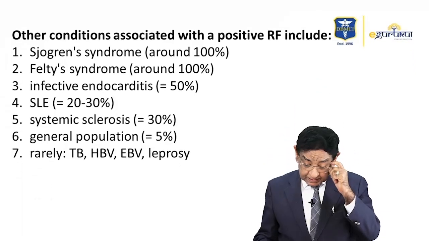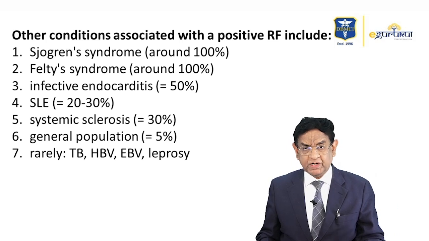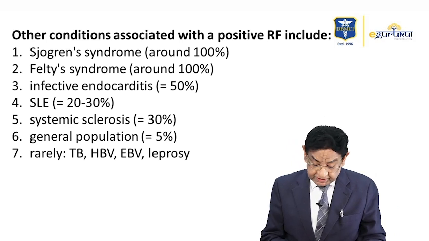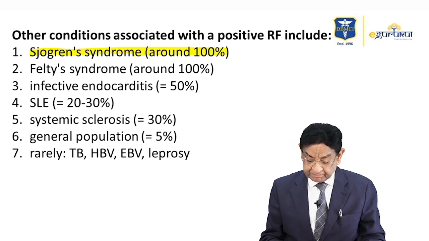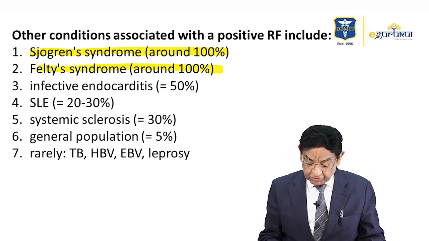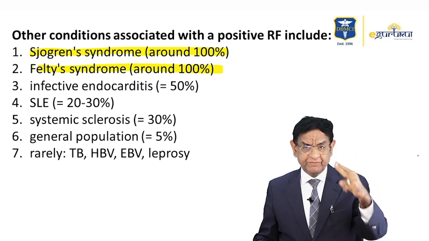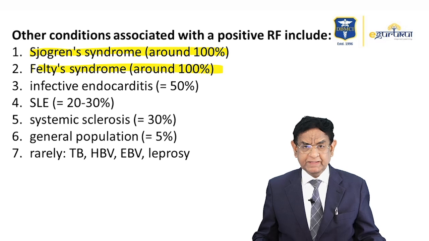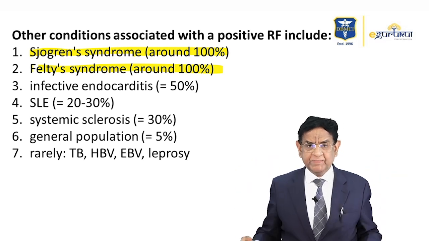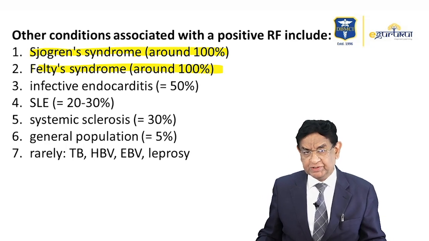And I told you they are present in other diseases also, not only RA. In Sjogren syndrome, they are 100%. This is a very, very important point. And in Felty syndrome, it is 100%. These two things you don't have to forget. Remember, RA is the most common cause of secondary Sjogren syndrome.